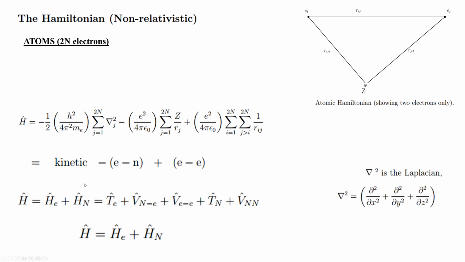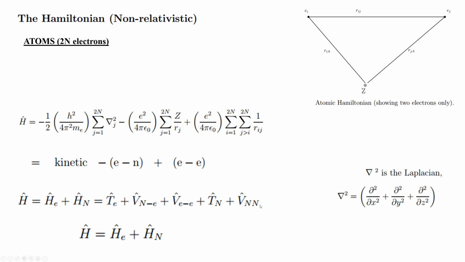Now, to get a clear picture, these three terms can be split into five terms. When we deal with the kinetic terms, here we have the kinetic energy for electrons and also the kinetic energy for the nuclei, right? So two kinetic energies, for both electrons and nuclei. The second term here is the potential of a nucleus with electrons, and also the potential of electron-electron repulsion.